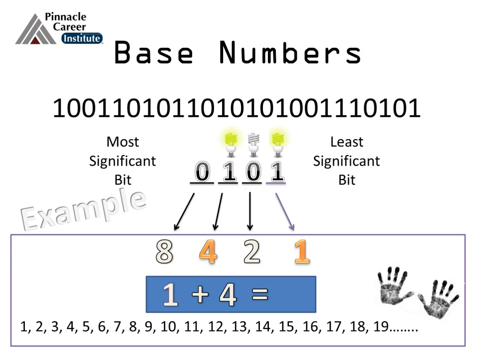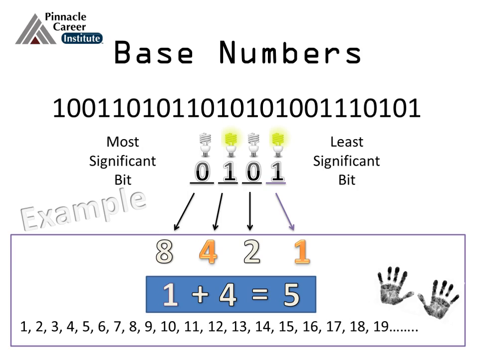The third bit is a 1, so we will add its decimal relative, the 4, to our problem below. The fourth bit in the nibble, and the most significant bit, is related to the 8, but we don't add it because there's a 0 and not a 1. The light bulb is out. So all we have to do now is add up the problem. 1 plus 4 equals 5, of course.